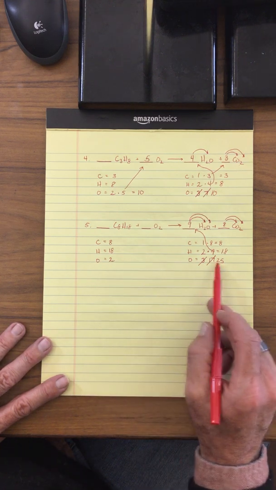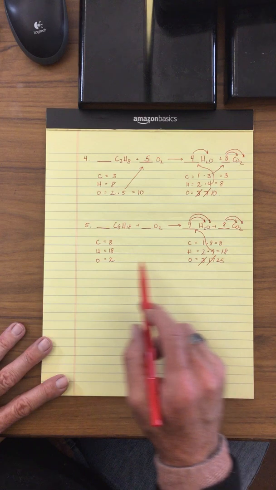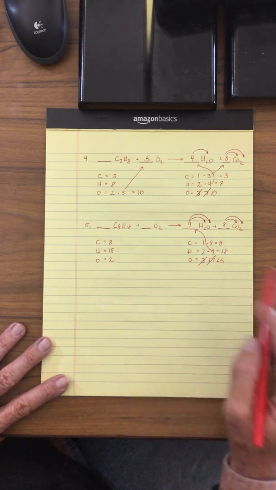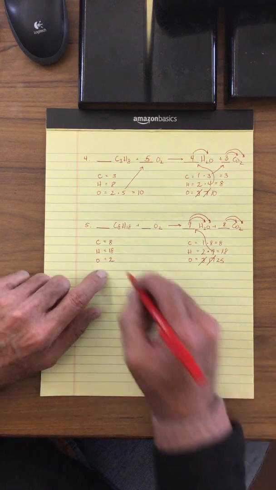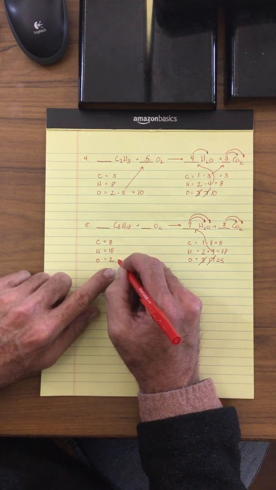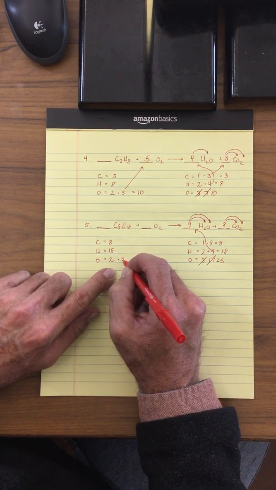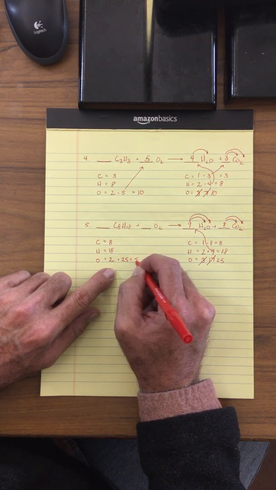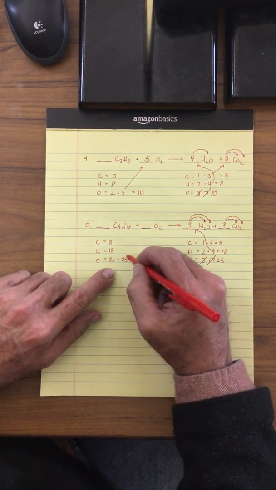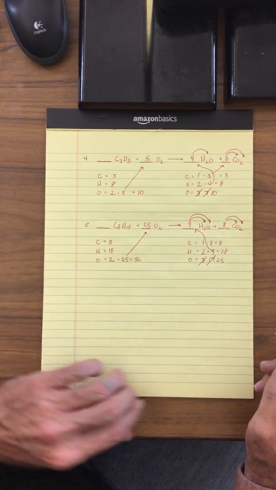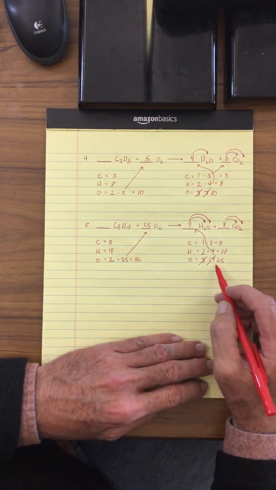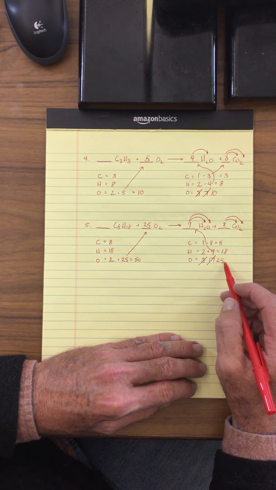So I have to go back to the original way of doing this and say, what's the common number between 2 and 25? Lowest common multiple is going to be 50. What do I have to multiply the 2 by? It's going to be a 25 to give me 50. So that's the number right there. That gives me the 25. Wait a minute, now I have to go back here and I have to double all my oxygens.